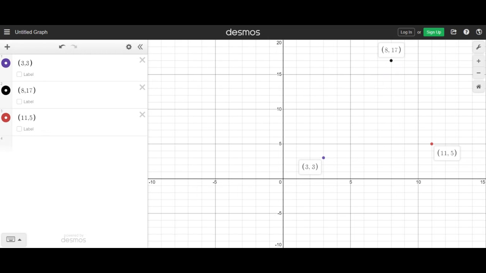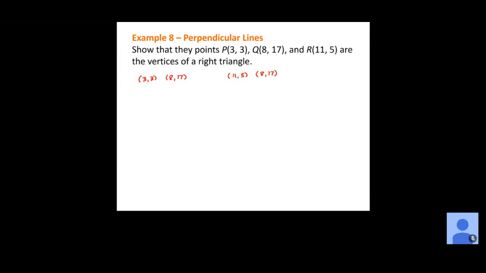For the first pair, we're going to do 17 minus 3 over 8 minus 3. 17 minus 3 is going to give us 14. 8 minus 3 is going to give us 5.